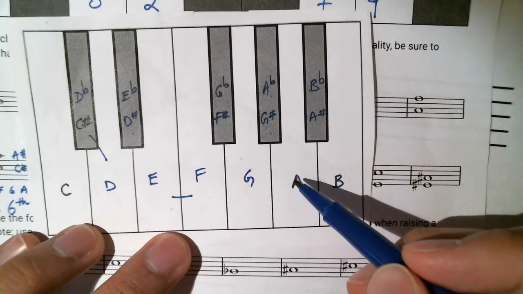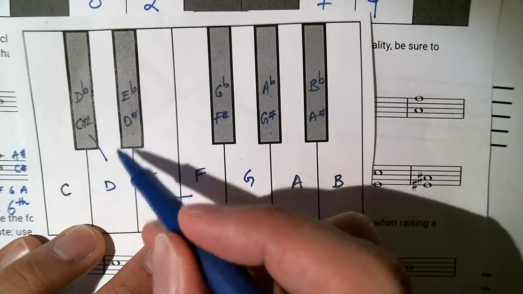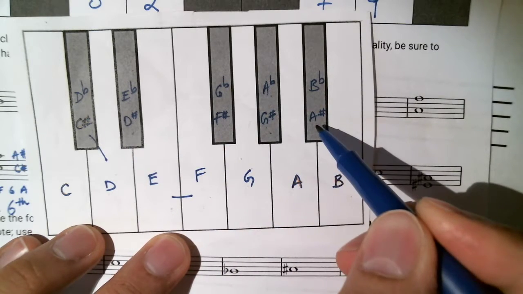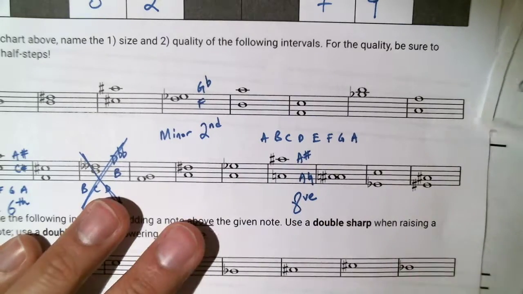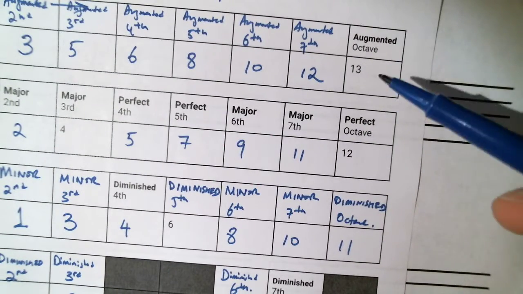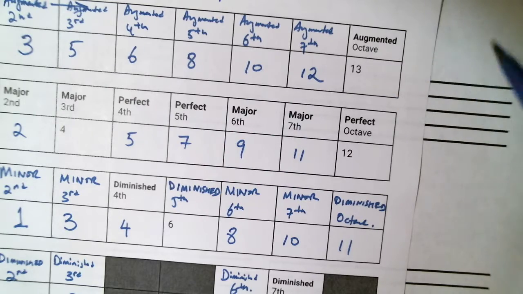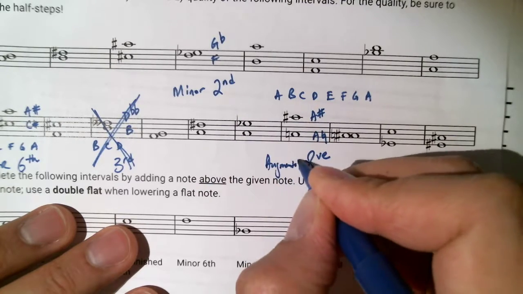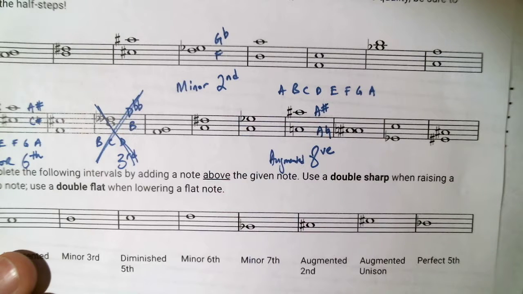Again, I'm starting with this A, counting 1 through 13. So I know that this is an octave that has 13 half steps. Now I'm going to go back to my chart and look at the octaves column. The kind of octave that has 13 half steps is an augmented octave. So that is what this is: an augmented octave. And that's how you identify the interval for 2 notes.